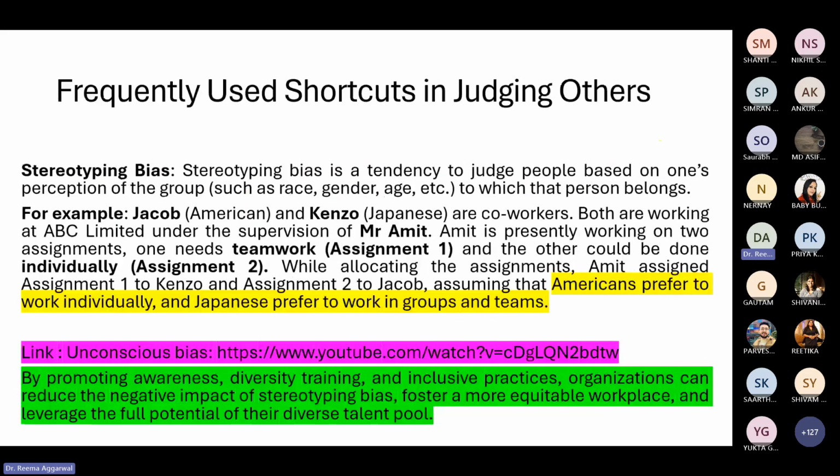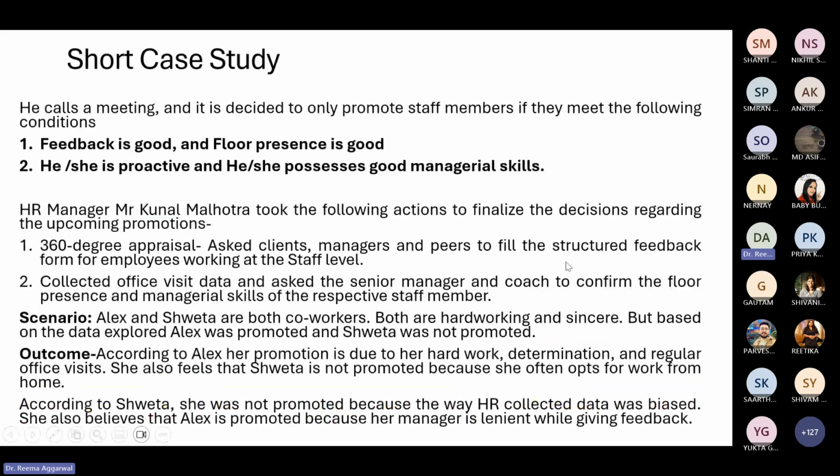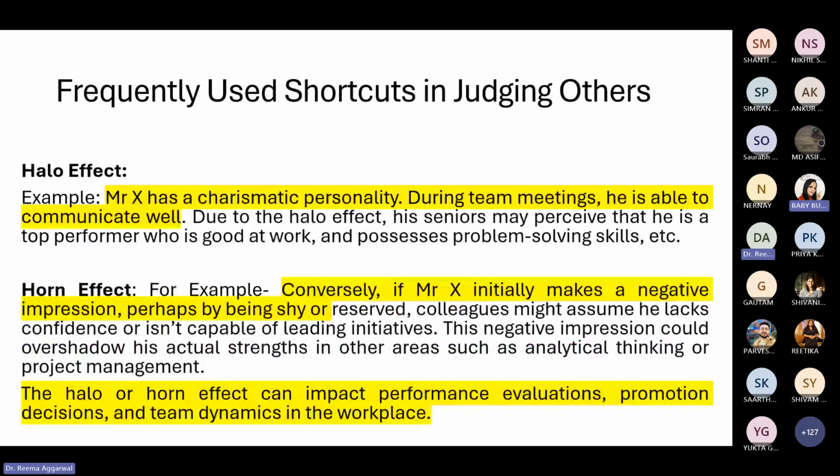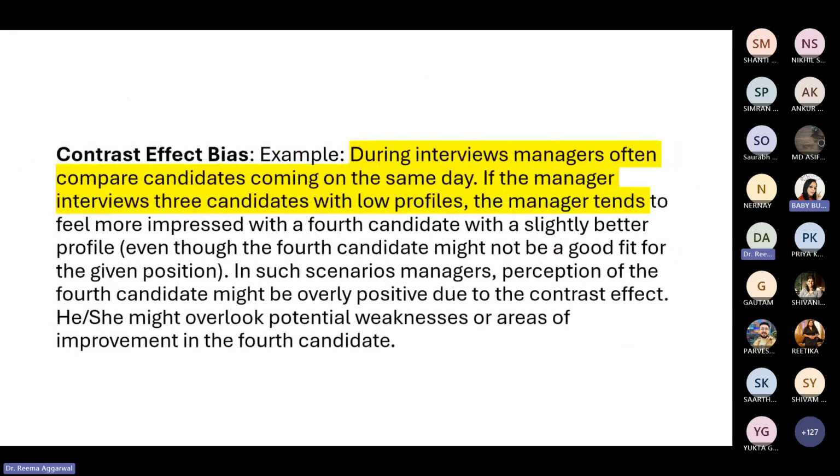I am just opening the example again. Here it is written that according to Alice, her promotion is due to hard work, and there is a scenario that both are hardworking and sincere. So if she believes she got it because of hard work, it is not necessarily a bias. Is it clear? Does it make sense? Any other question?